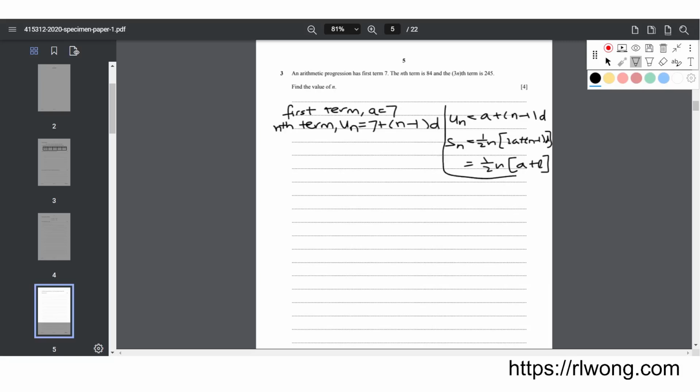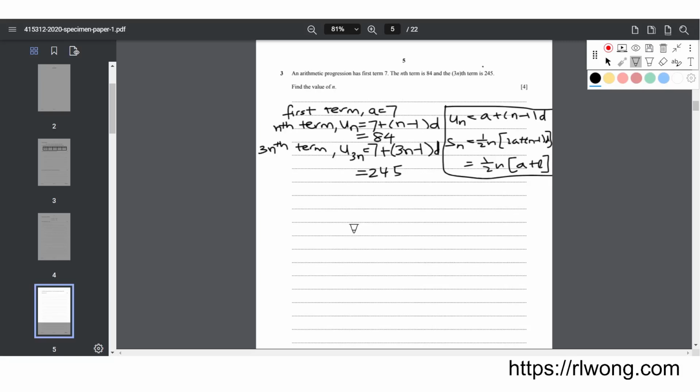Then the 3nth term, which is u 3n, equals 7 plus, just replace this n with 3n, minus 1 d, and I know that it equals 245. Then this one equals 84.